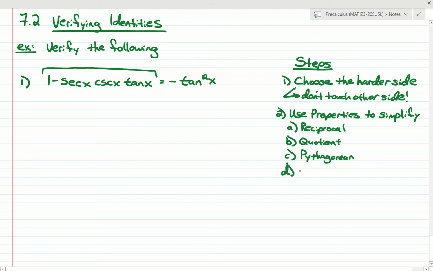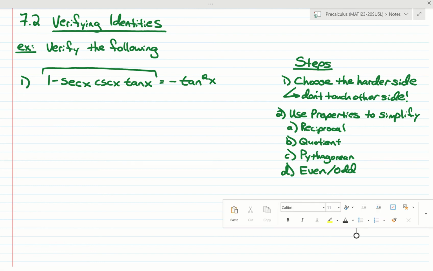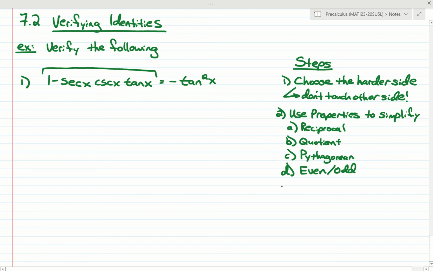We've seen even and odd functions. Other tools that we could use to simplify are factor, and get a common denominator.